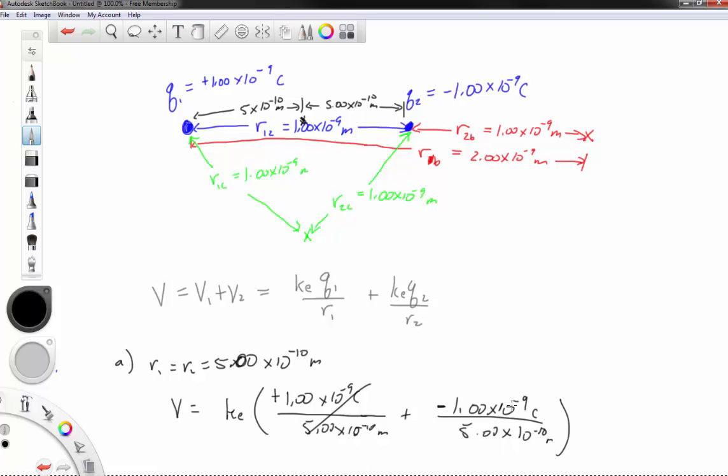So obviously this and this cancel, and so for part A, we'll call this VA is equal to 0.